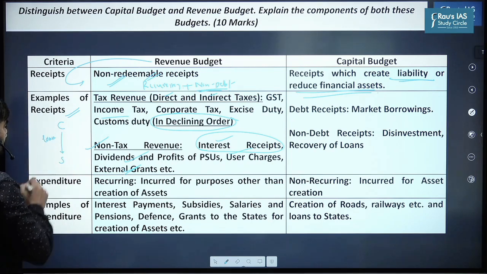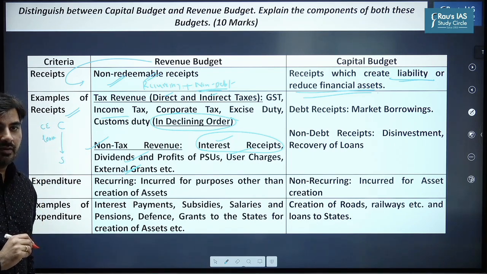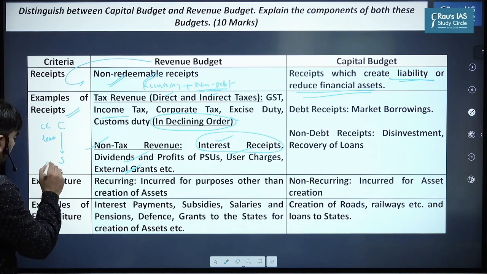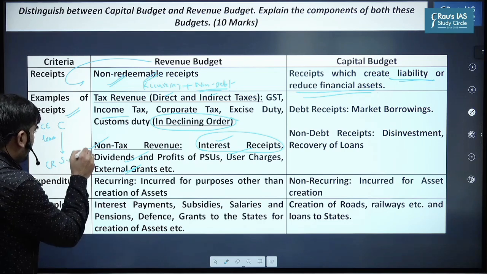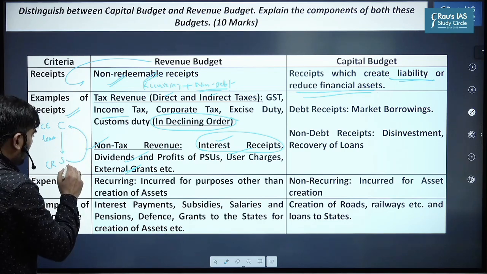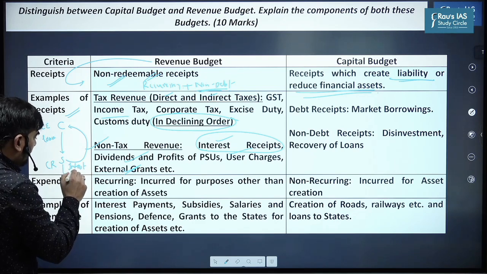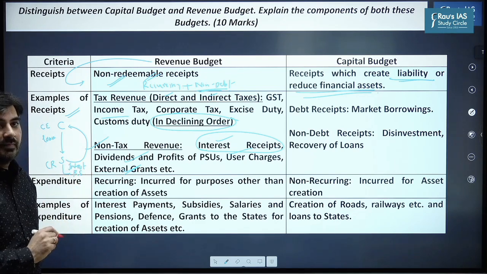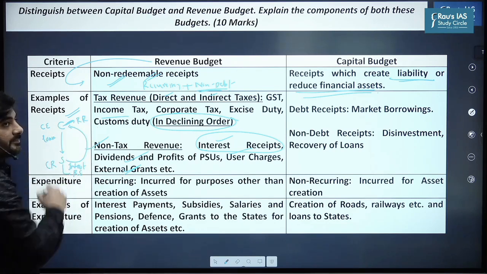For the center, can I say it will be capital expenditure, loans? For the state, it will become capital receipts. Yes. On these loans, when the states are paying interest, for the state, it will become revenue expenditure. But for the center, it will become revenue receipts.